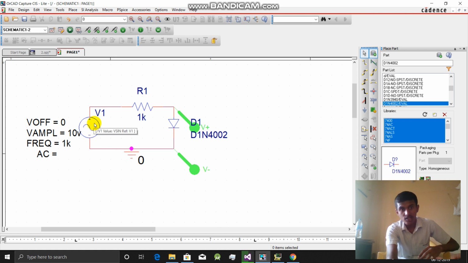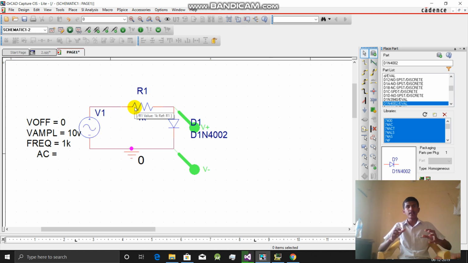How it works: during the positive half cycle, until it reaches 0.7 volt the diode will not conduct, because the diode needs a minimum of 0.7 volt to conduct. So until 0.7 volt we will get the positive waveform, but after that this diode will conduct.